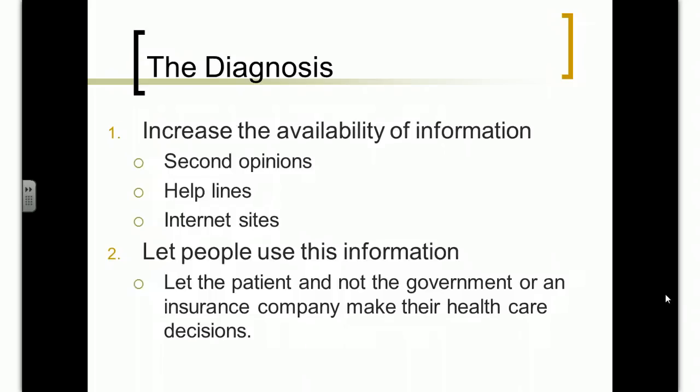If information is going to be useful, it must be more readily available. So getting second opinions should happen much quicker. It shouldn't simply be a very powerful relationship with the doctor consultant having complete control over the patient. The patient should have the ability to get second opinions.